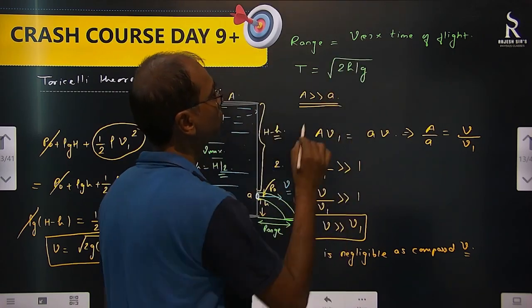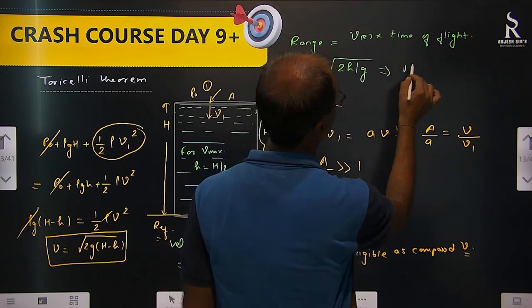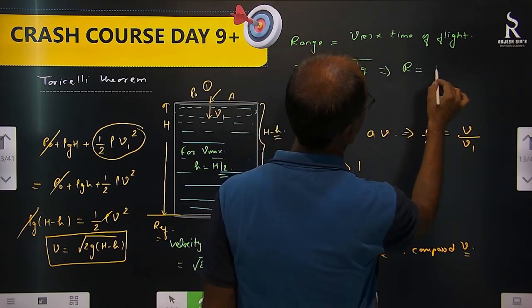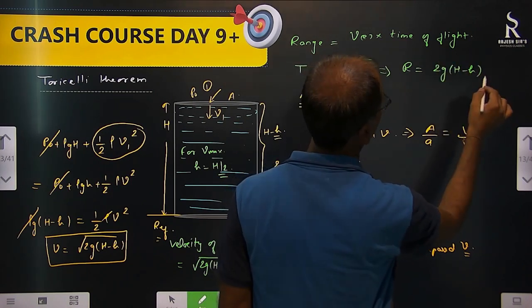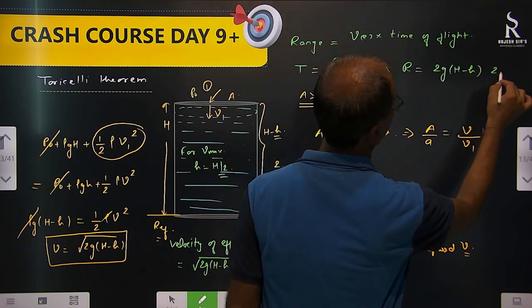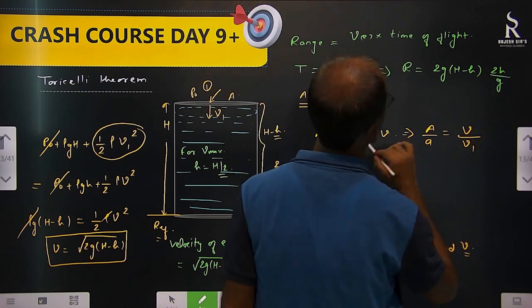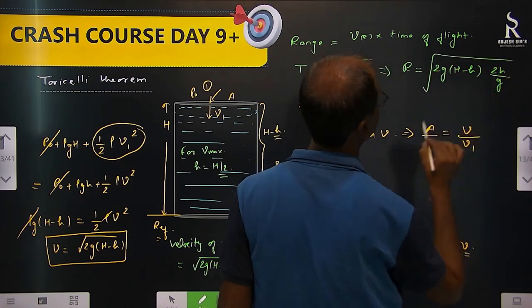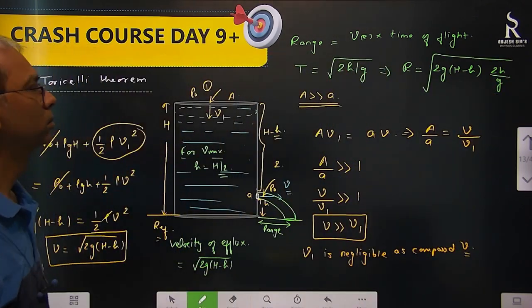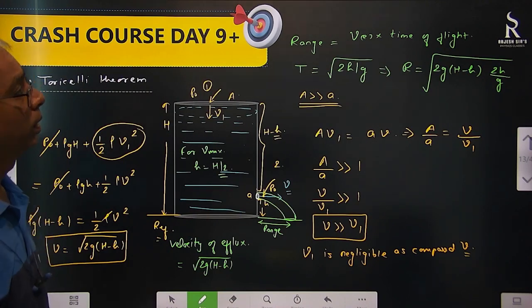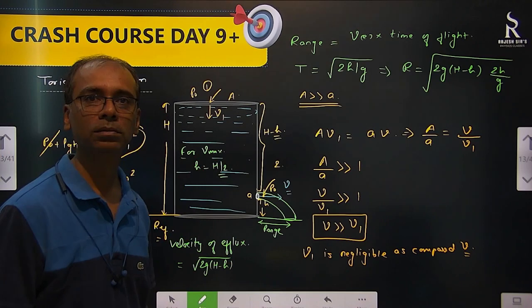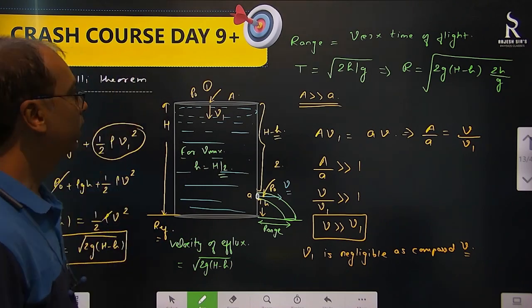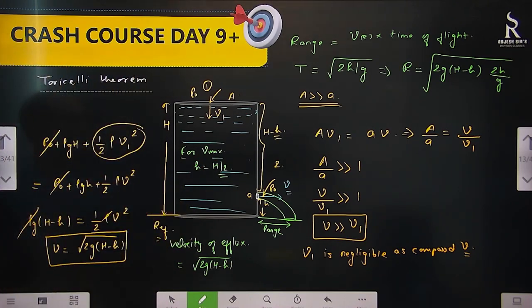This is time of flight. So range is root 2g (h minus h') then into root 2h' by g. Both are in square root. Okay, when will range be maximum? When velocity is maximum, with h by 2. Okay, fine. So this is Torricelli's theorem.